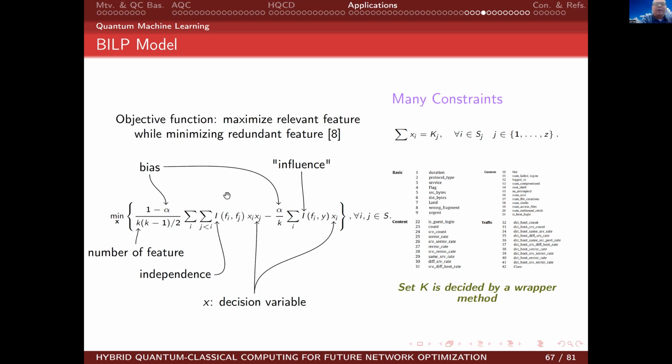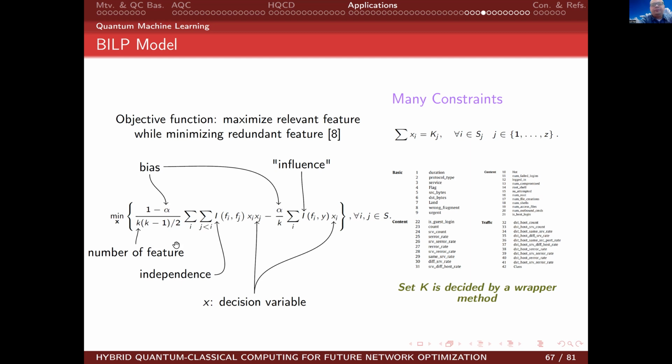The second part of this objective function is the independence relationship between two features. We want to minimize the overlap of impact between two features, so we minimize the number of redundant features.